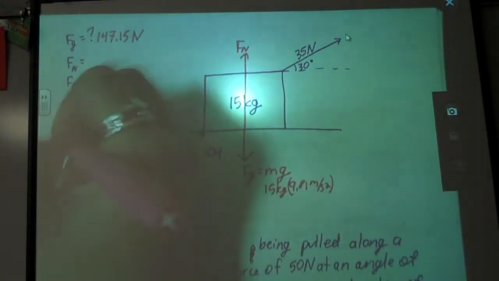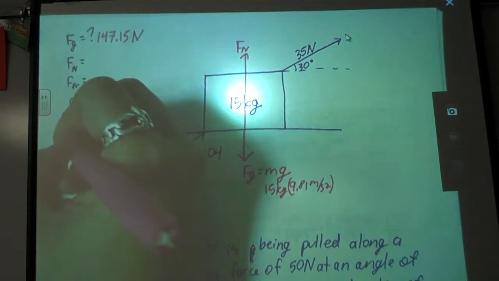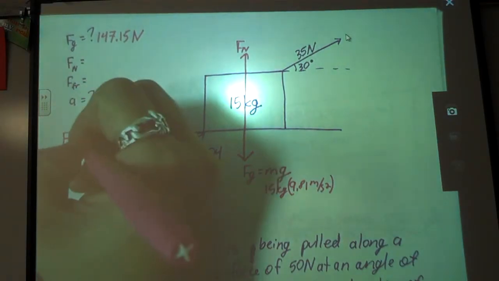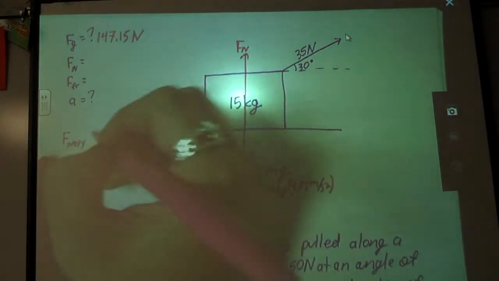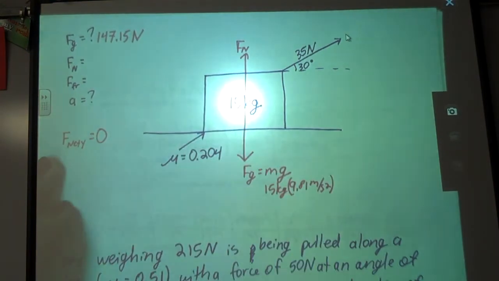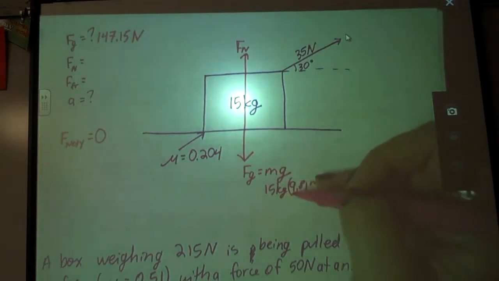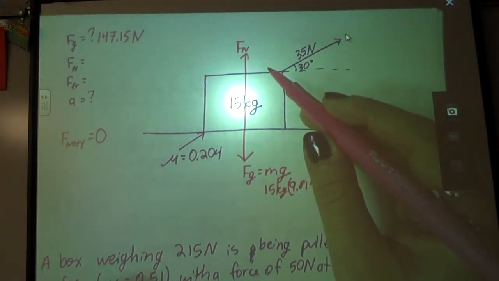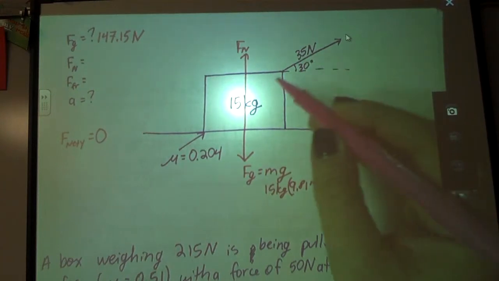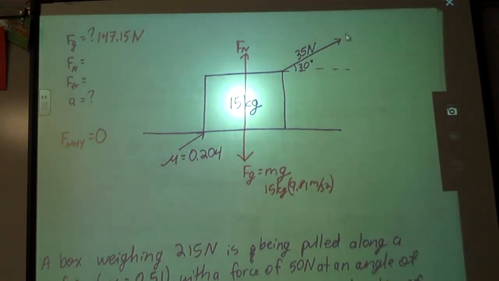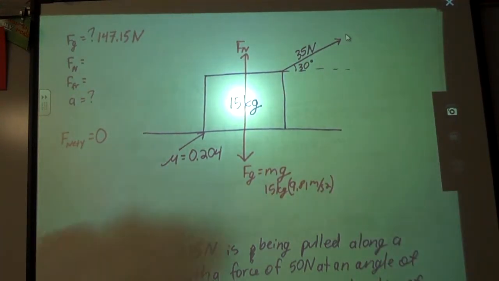So, I know that my object is not moving up or down. If you remember your Newton's laws, if it is not moving up or down, that means that the net force in my y direction must be 0. However, if I look in the y direction, I have force gravity pulling down, I have force normal pushing up, but that's not all. My force applied also has a y component.